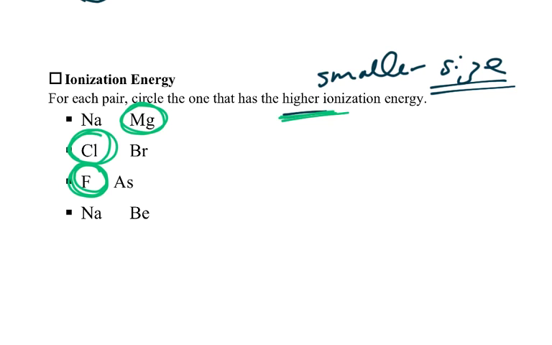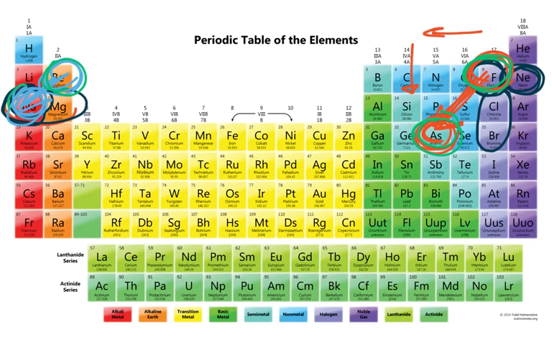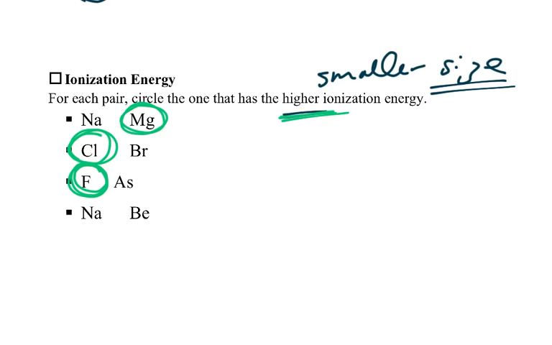And again, Na and Be, we saw that, that's these two over here. Okay, and Na and Ba, so again, the smaller one is going to be the one with the higher ionization energy. So the thought process works with higher ionization energy, look for the smaller atom. And that's the quick check.